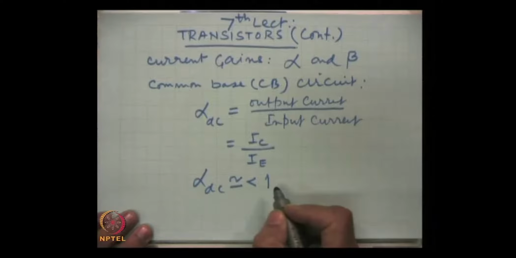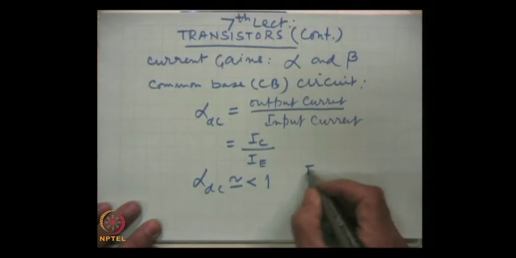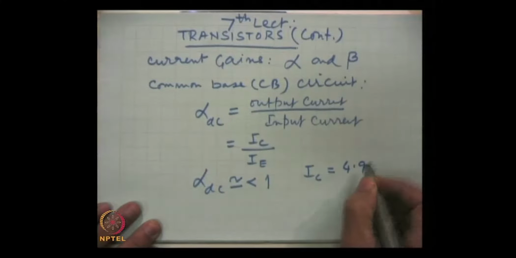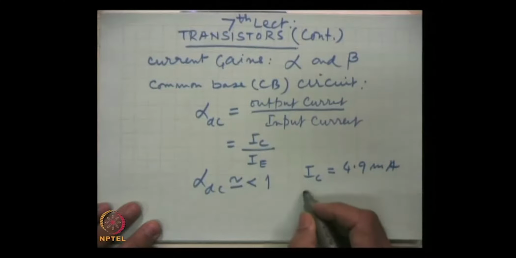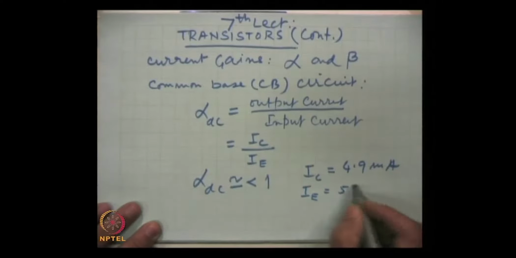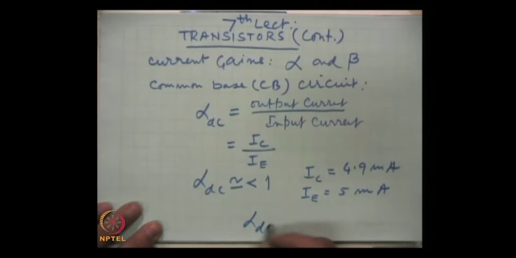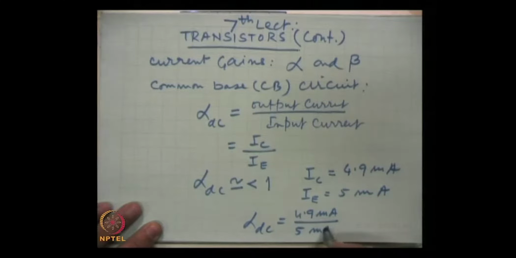Let us see an example. If the collector current is 4.9 milliampere and this is produced by an emitter current of 5 milliampere, then alpha DC is 4.9 milliampere by 5 milliampere.